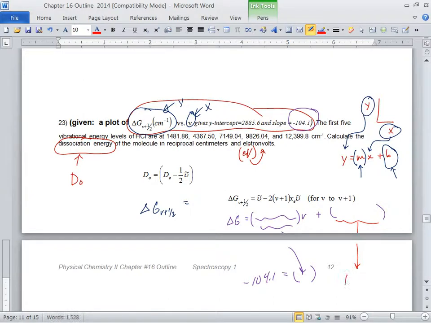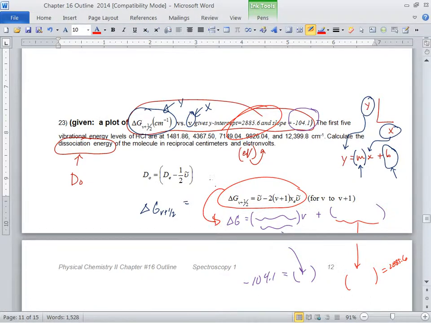Whatever you get there is going to equal, what's the y-intercept? Yeah, 2885.6. So just rearrange this expression. It'll work.